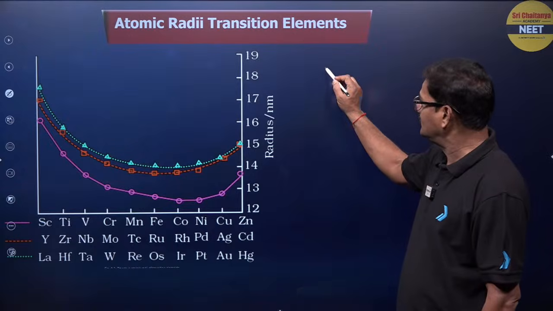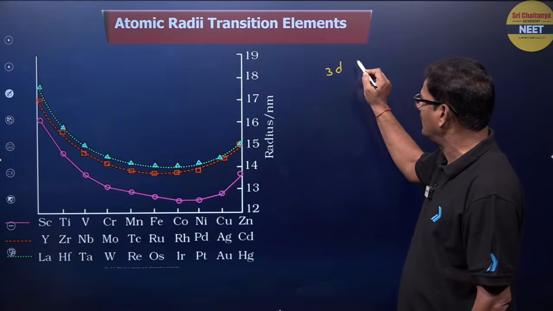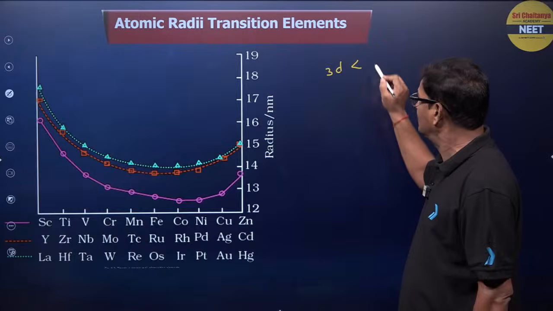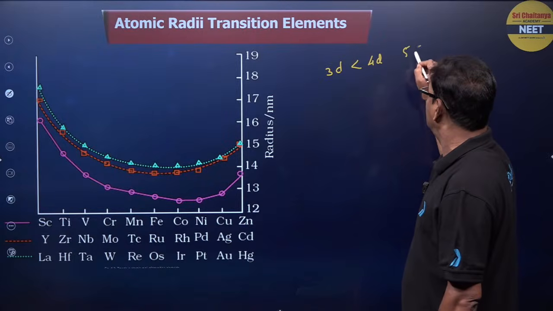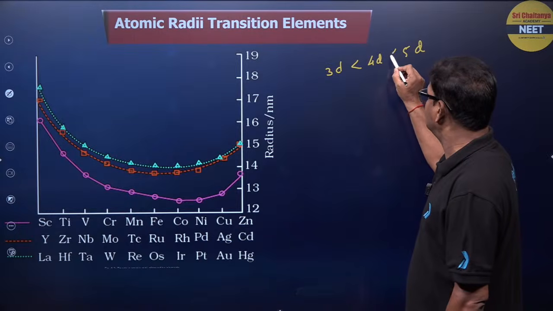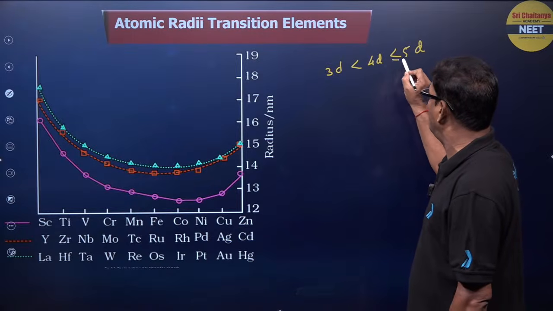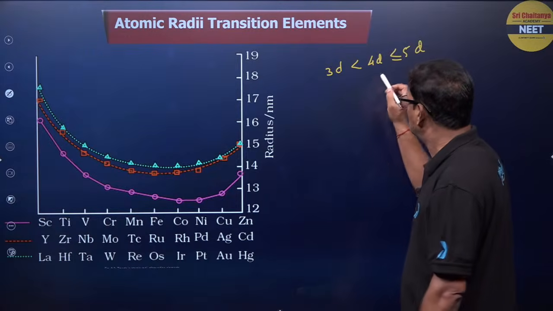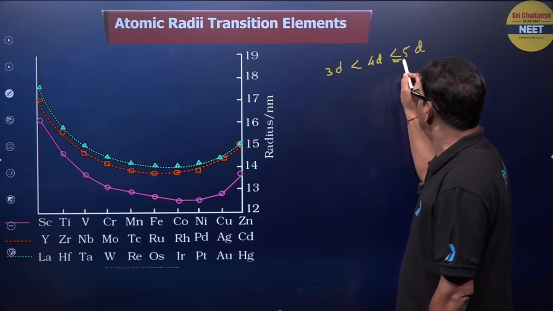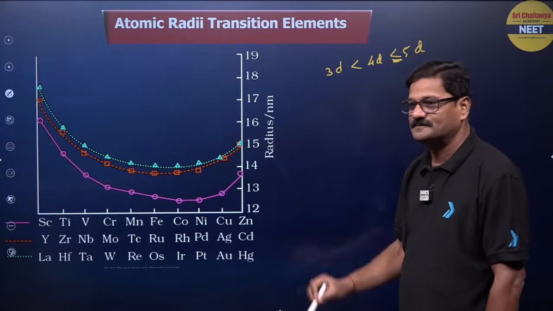I can see the 3D series atomic radius is less, and then 4D series and 5D series. So 5D series is greater than 4D series, but the difference between the 4D series and 5D series is too close, almost similar, looks equal here.